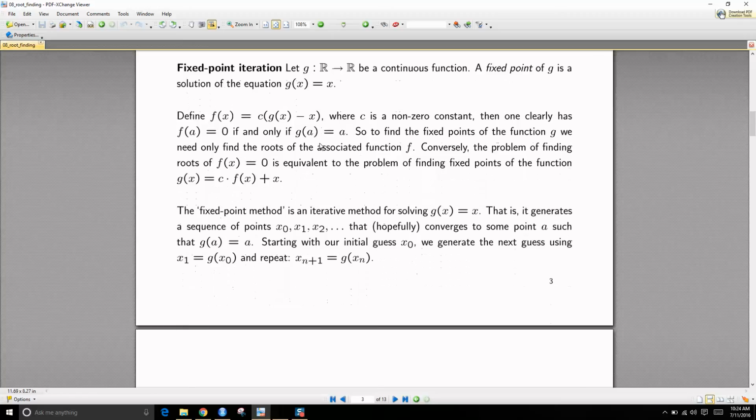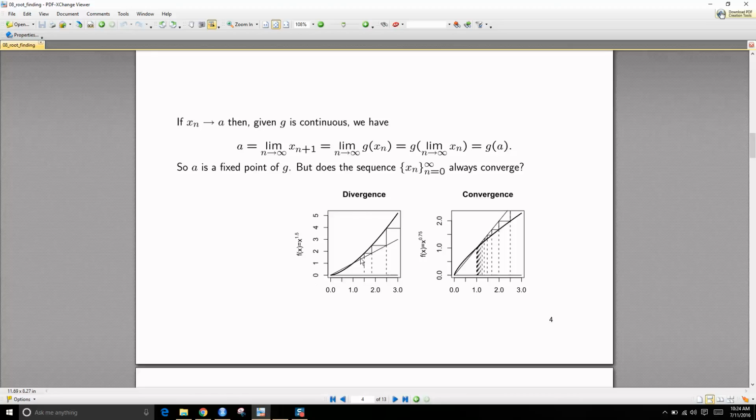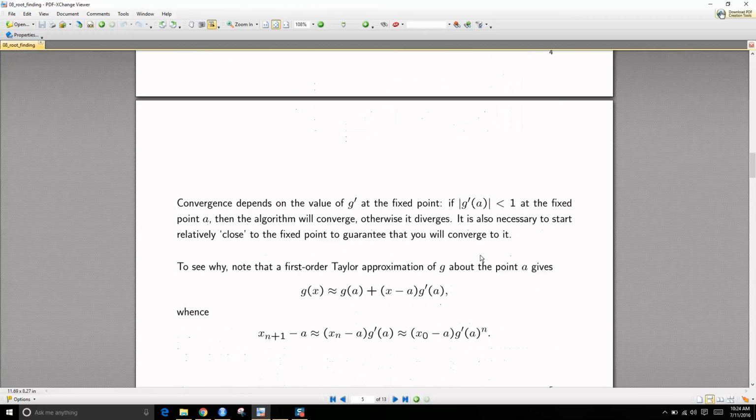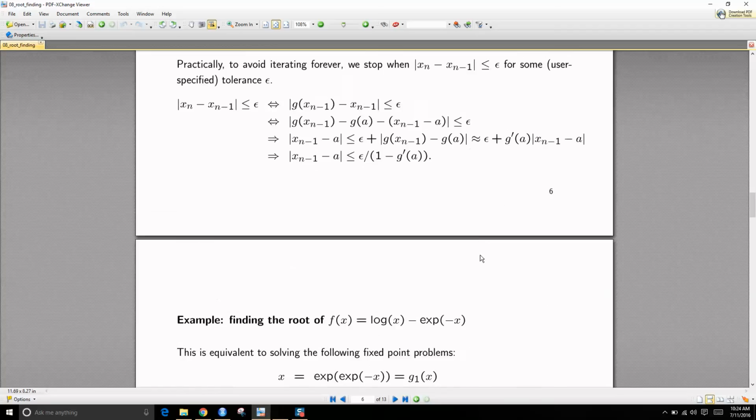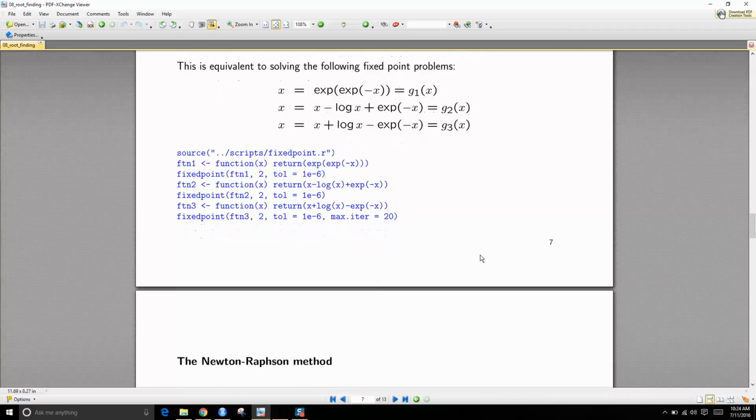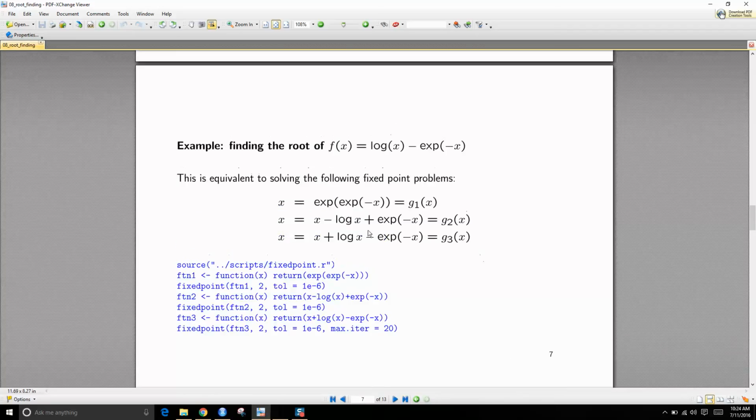Here we have this line of x equal to x, and we can see when we take a value and compute where it would equal, it starts to diverge here. Whereas over here we can start, and then we take the value and it converges to a point here. So we have this issue of convergence and divergence, but it is one way for us to solve these things.